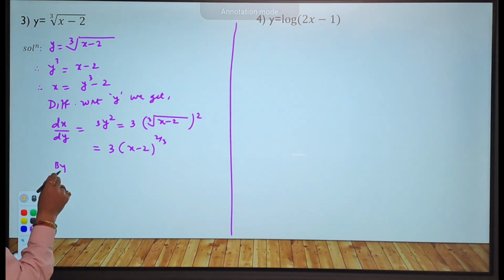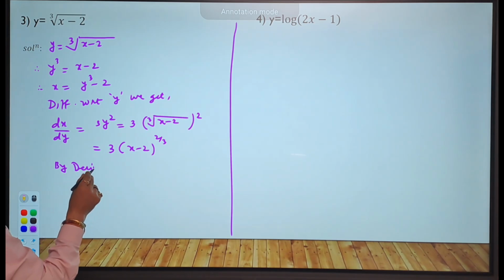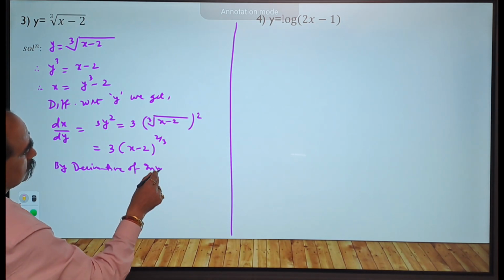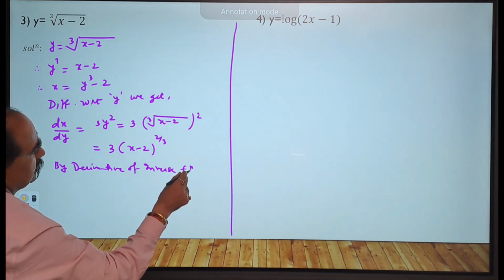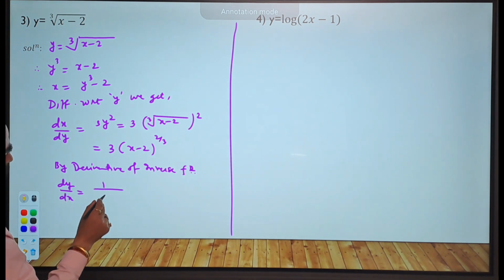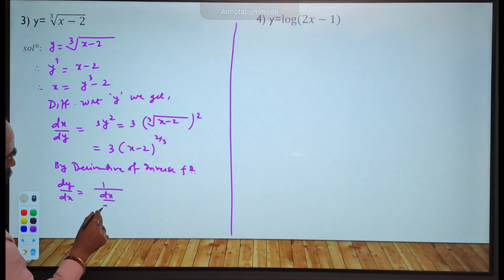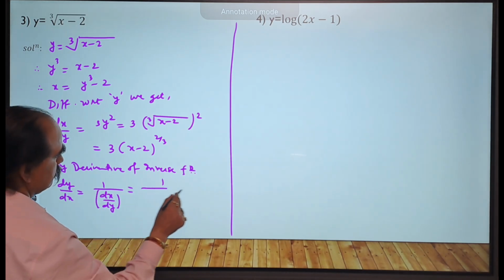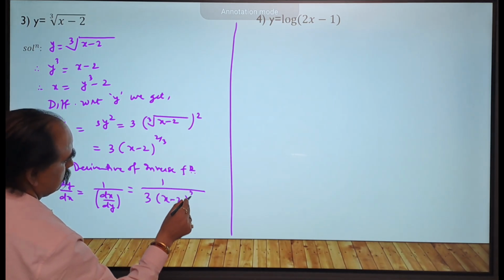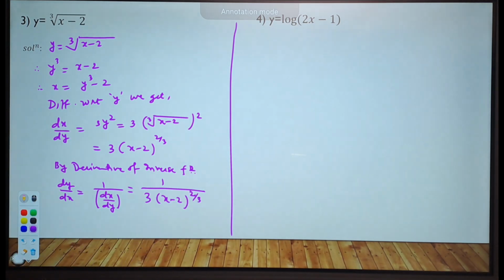By derivative of inverse function, dy by dx is 1 upon dx by dy, 1 upon 3 into x minus 2 raised to 2 by 3.